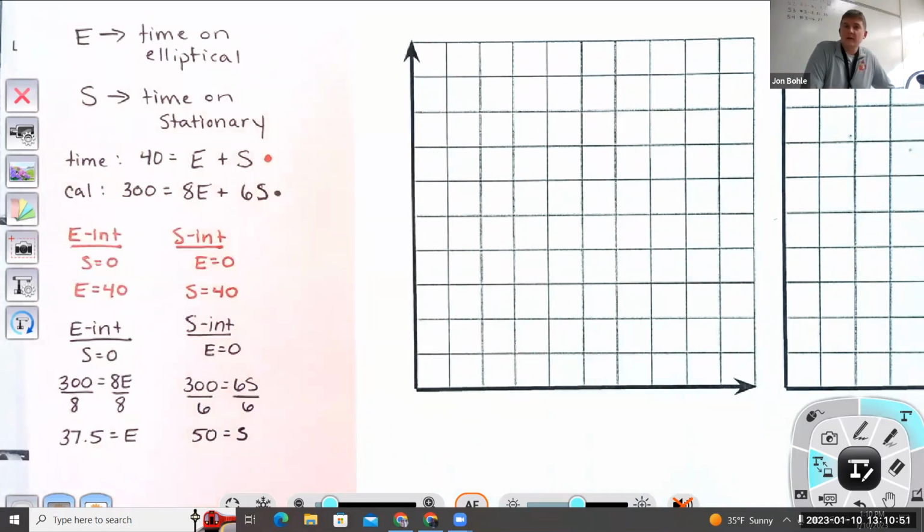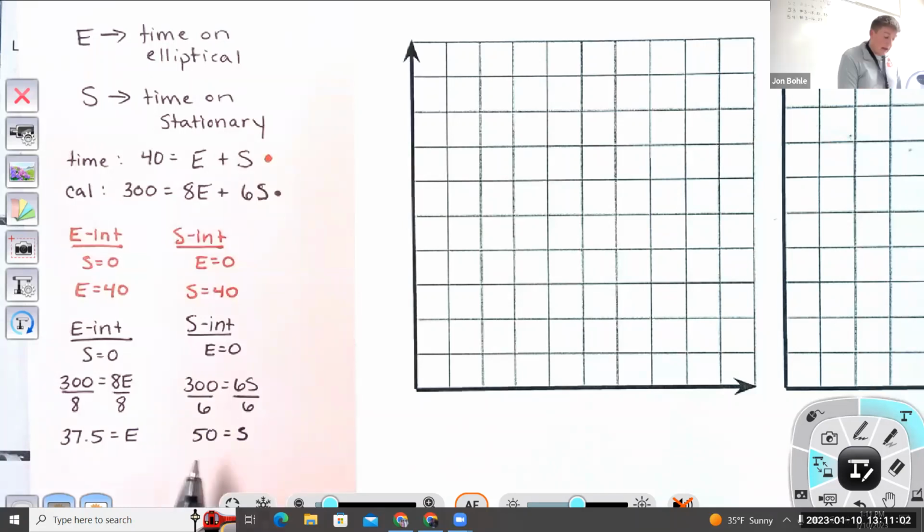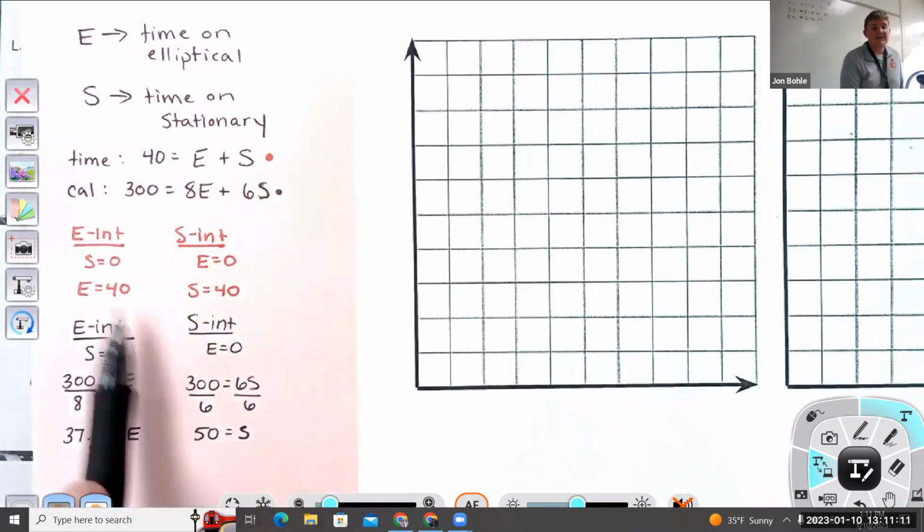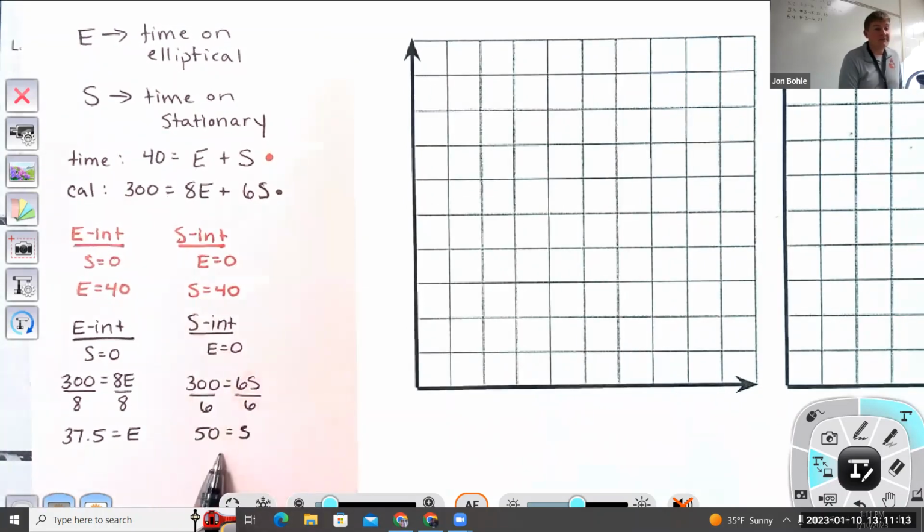All right. So I found the E and S intercepts from all of these because that's going to help me determine what to go by on my axes. I have all four: 50, 40, 40, and then this weird 37.5. This tells me I can probably go by fives. If everything was multiples of 4, you could go by 4s.